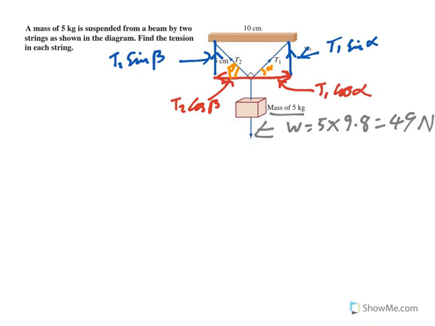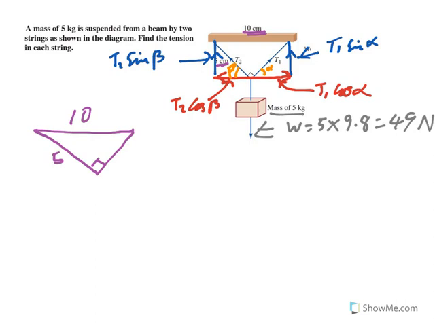But our alpha and our betas, we really need to know them, and we do have information that tells us that. So if you have a look here on our diagram, there's 10 centimetres there and a 5 centimetres there. So what that tells me is these two strings, that's 10. That's a right angle, and that's 5.